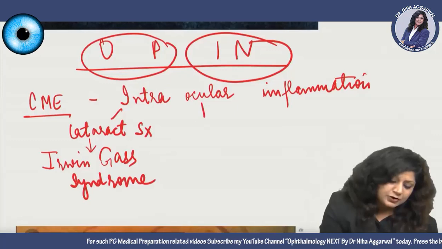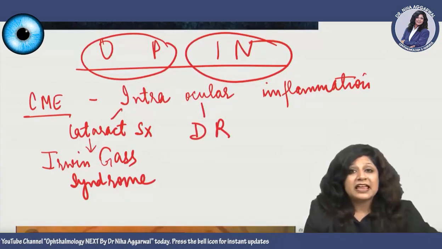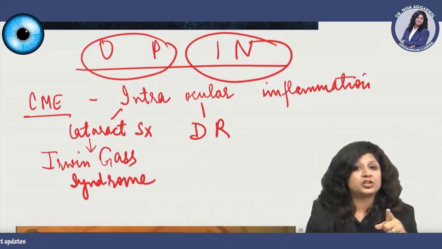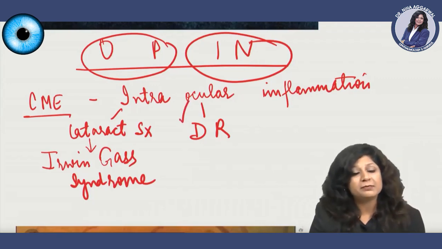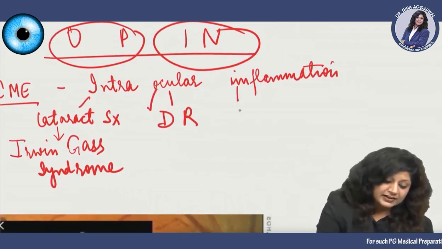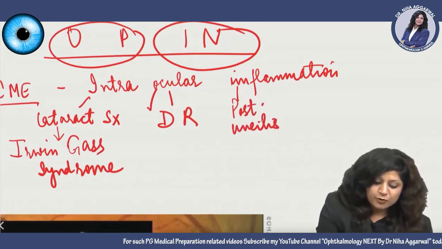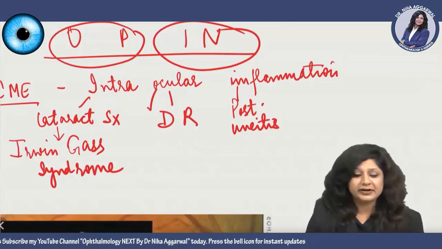Then it can occur due to diabetic retinopathy. Diabetic retinopathy contains maculopathy. Maculopathy is the most common cause of vision loss. So these patients can also develop macular edema. Then we can have uveitis, especially posterior uveitis. If you have posterior inflammation of the uveal tract, we can have cystoid macular edema.